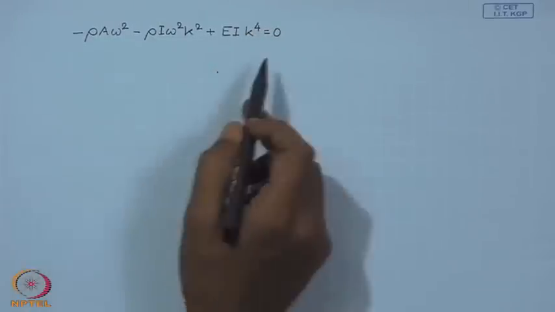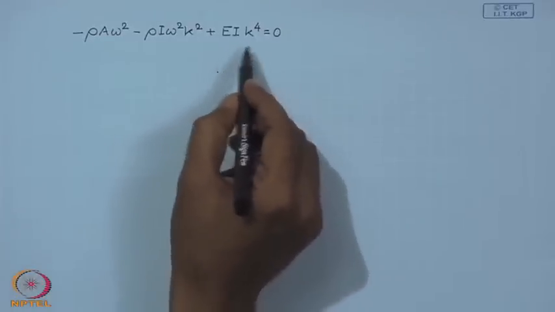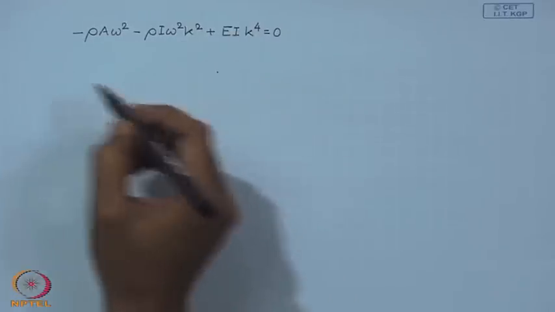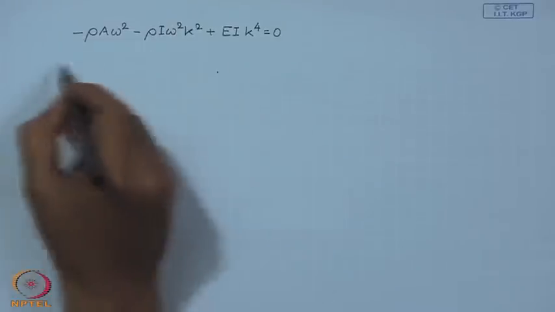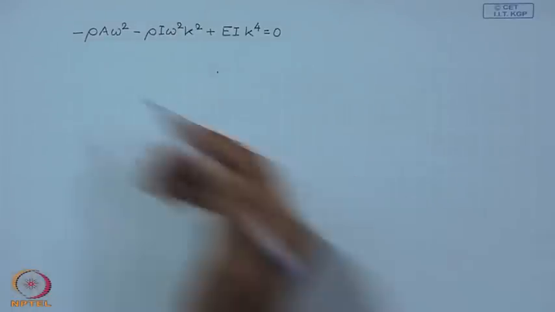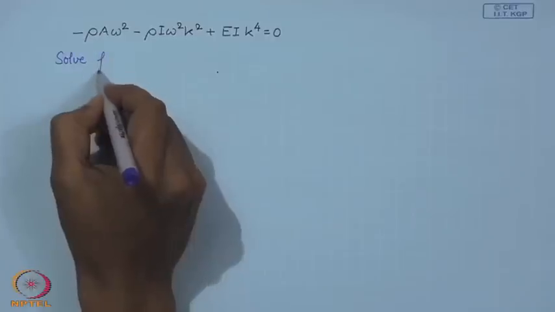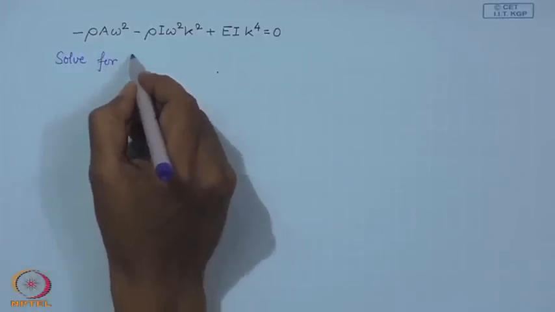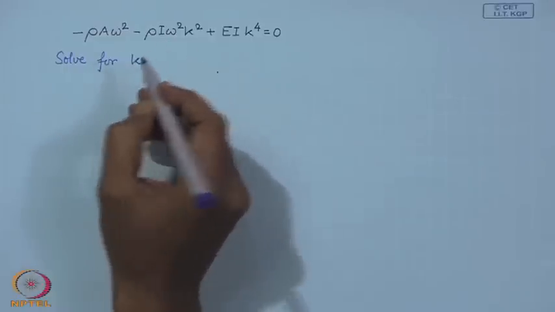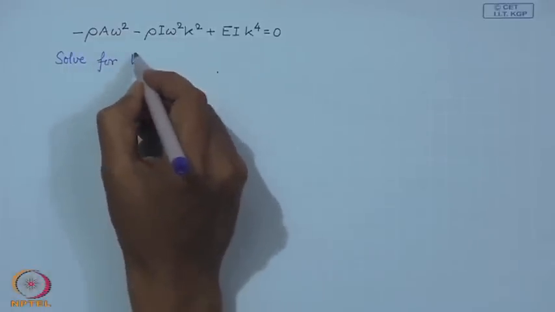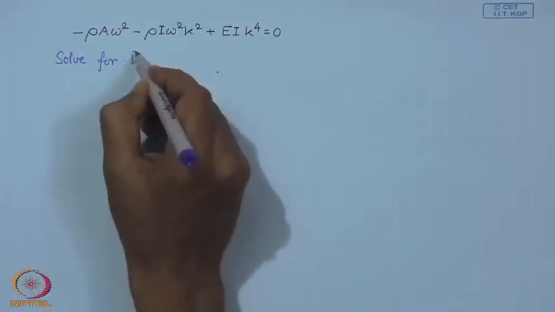Now, this dispersion relation can be used to solve for k in terms of omega. So, if you solve for k, the non-dimensional, we will solve for k tilde.